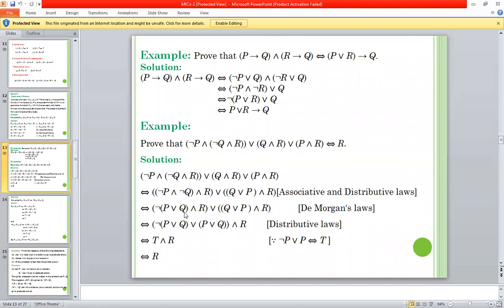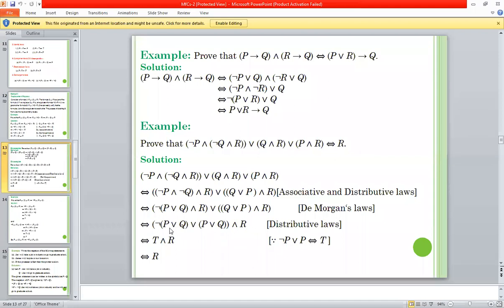P or (Q and R) is equivalent to (P or Q) and (P or R). That is the disjunction rule, and here we are applying the distributive law.